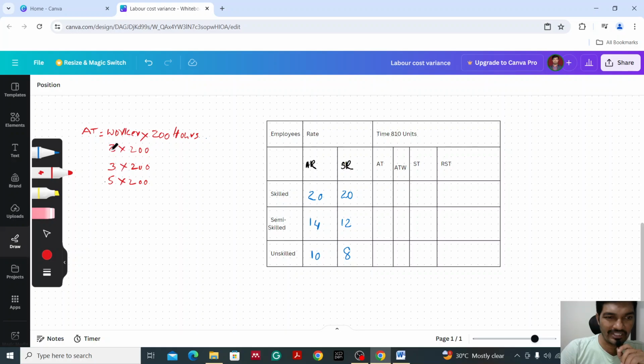The total number of workers multiplied by 200 hours, we will get actual time. That is 400 hours. Similarly, 600 hours, 1000 hours. So the total value is 2000 hours.